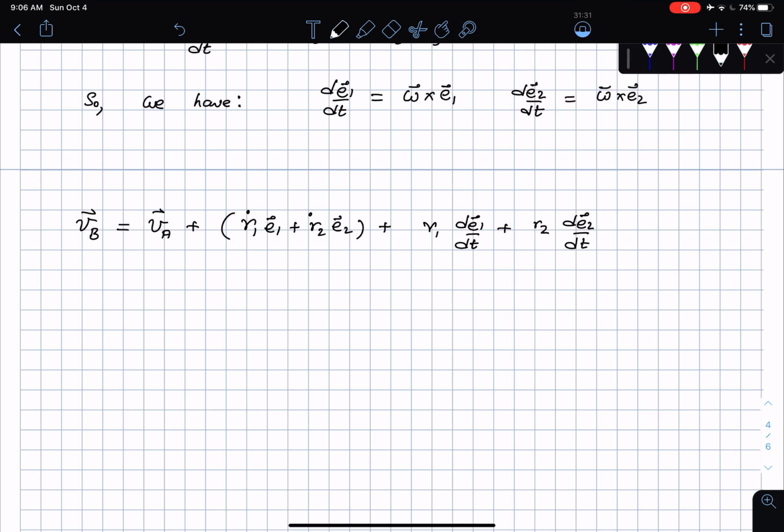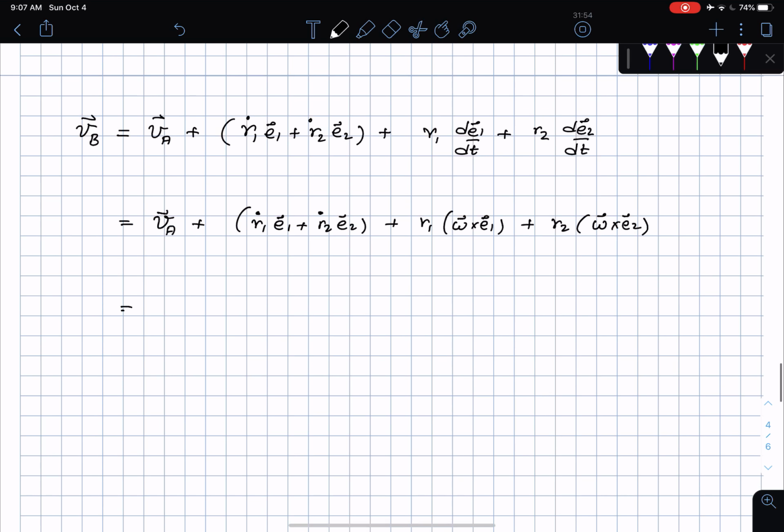Okay, so we have this, which means if I do the substitution, this is VA plus R1 dot E1, R2 dot E2, plus R1 times dE1 by dt, which is now omega cross E1, R2 times omega cross E2. So this is VA plus R1 dot E1, R2 dot E2. Look at this, omega cross R1 E1, omega cross R2 E2.